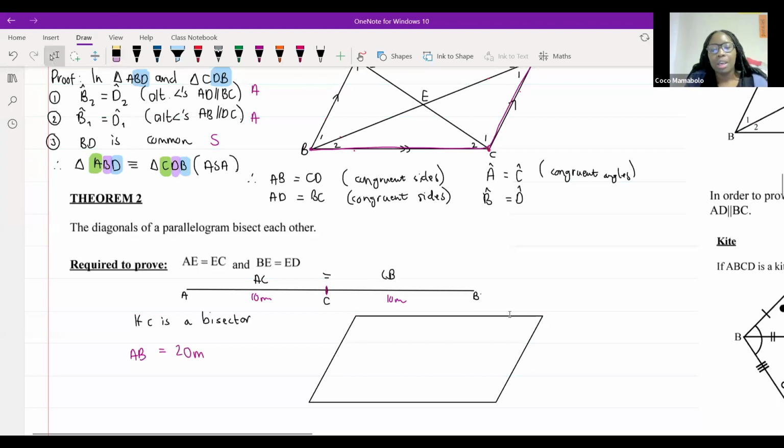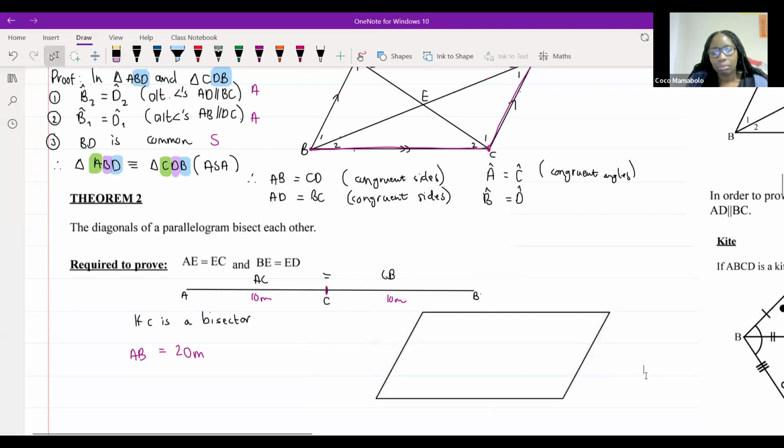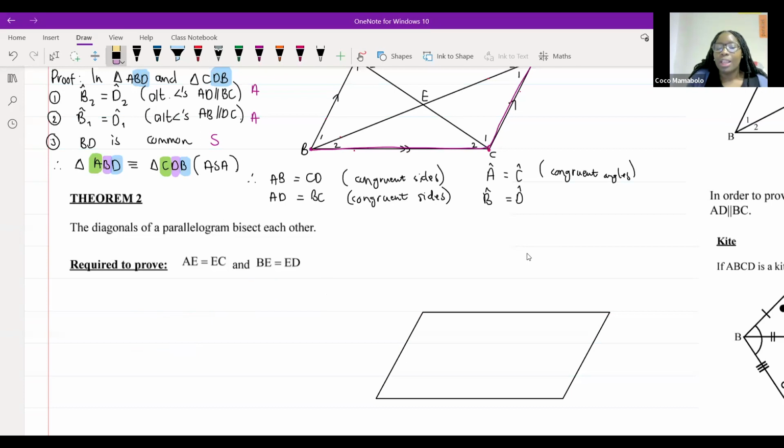Congruence, of course. Similarity isn't going to tell us anything about the sides. It's only going to tell us that the angles are equal. So we need to set up our parallelogram so that we prove that the sides are equal, which means we need to look at congruence.